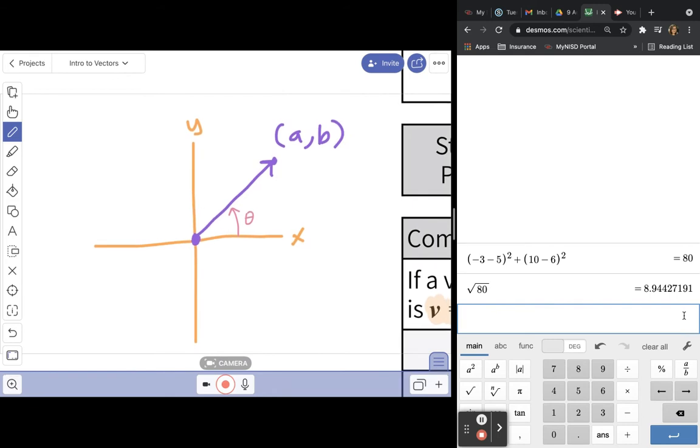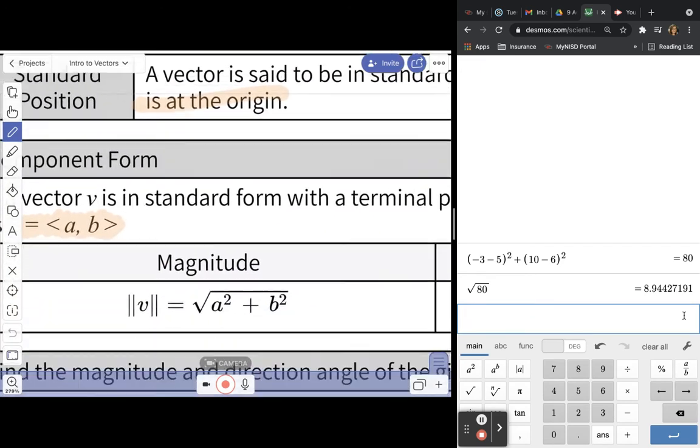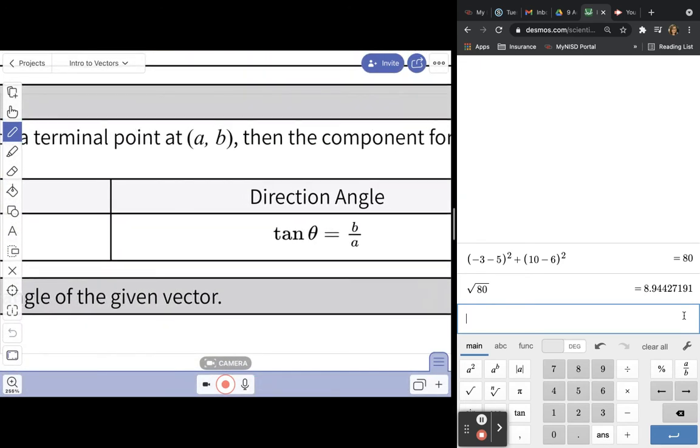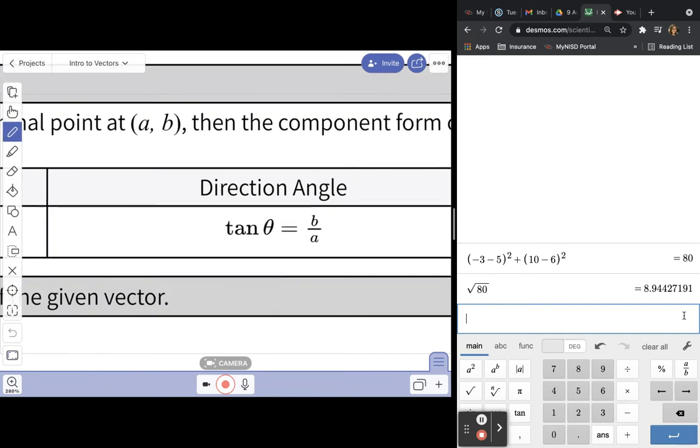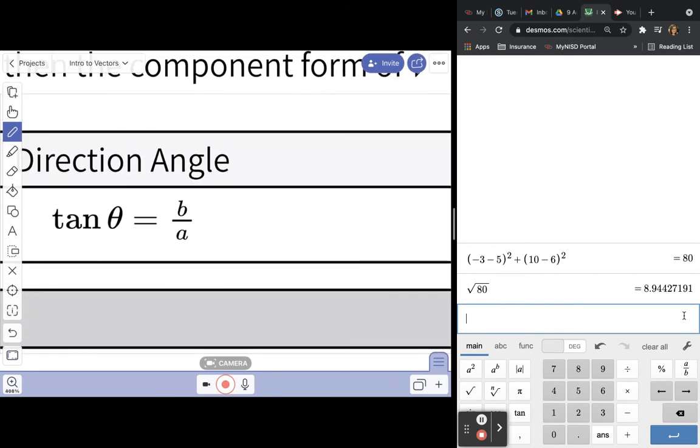In order to find that theta, all you need to do is tangent of theta equals B over A. Really, you want to isolate that theta, so let me do it over here. When you move tangent over to the other side, it becomes inverse. So truly, that's what you want to use.